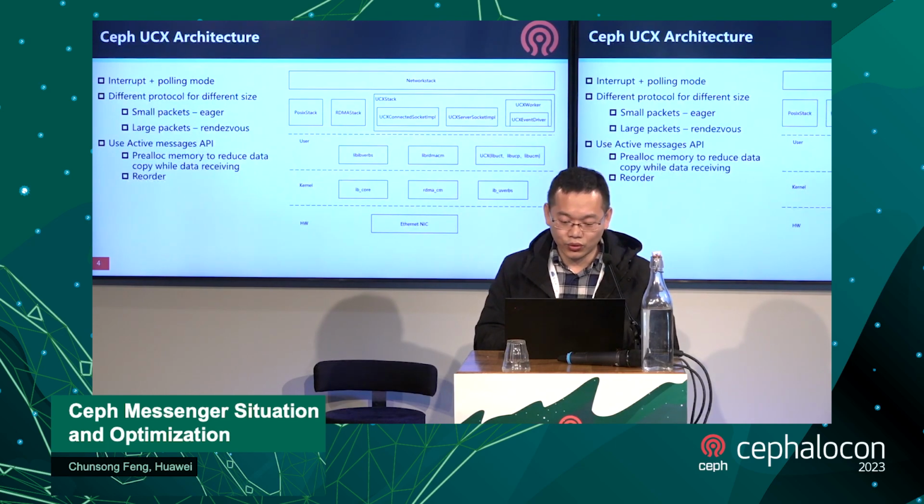It is easy to implement zero-copy receiving with the active message mode, but with active messages the packets arrive out of order, so we need to reorder the packets.